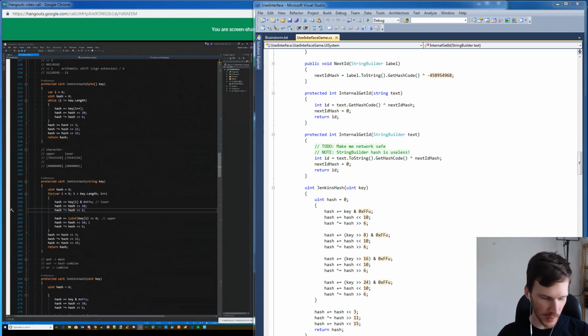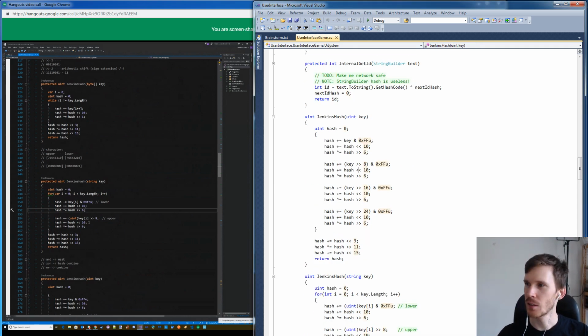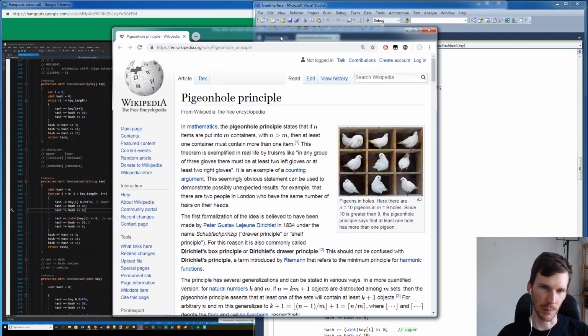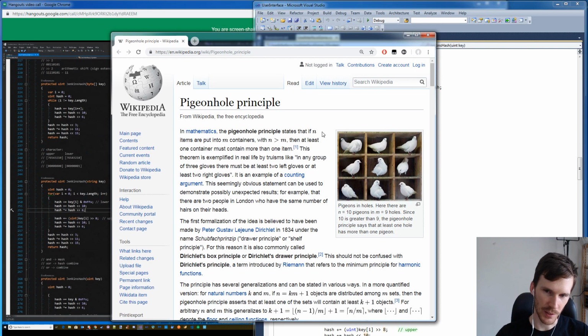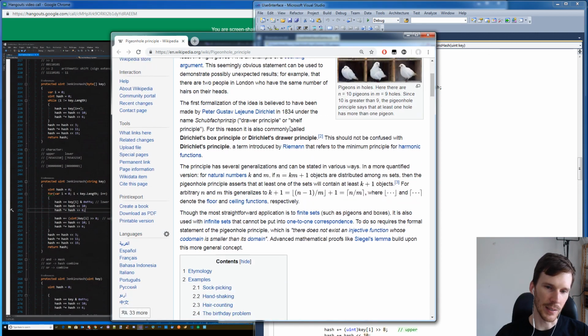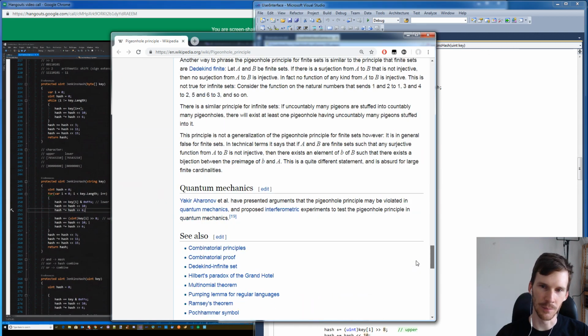Okay, so I just wanted to start with a little bit of theory first. I'm just going to start peeling pages over from Wikipedia. We talked about the Pigeonhole Principle, and it's pretty simple. If you have 10 pigeons and 9 holes, you're going to have to double up on a hole. It's sort of the mathematical principle behind hashing, in a sense.